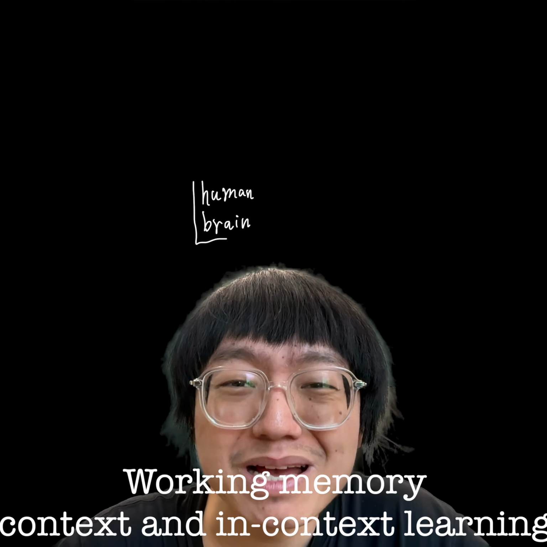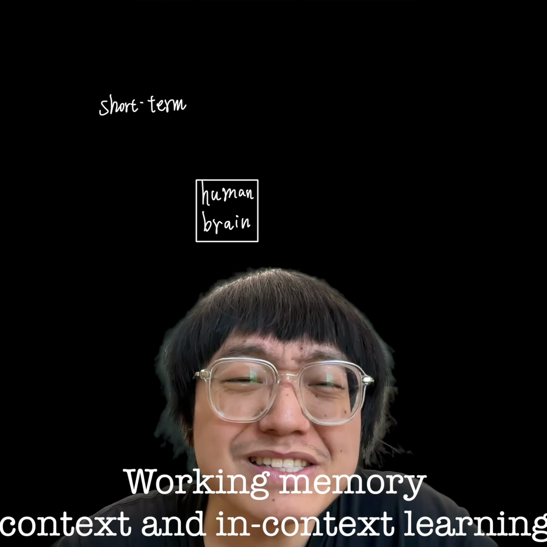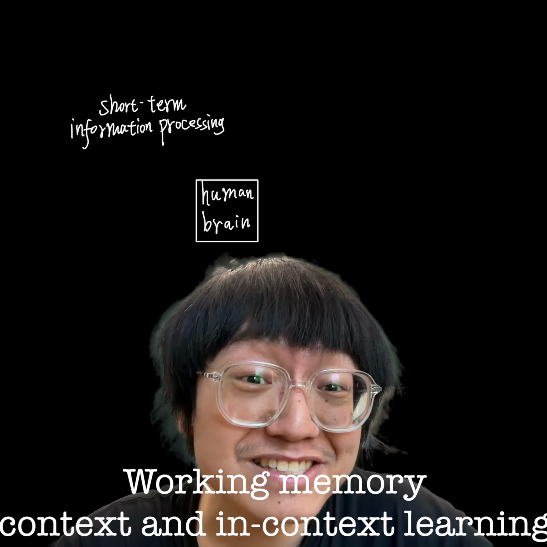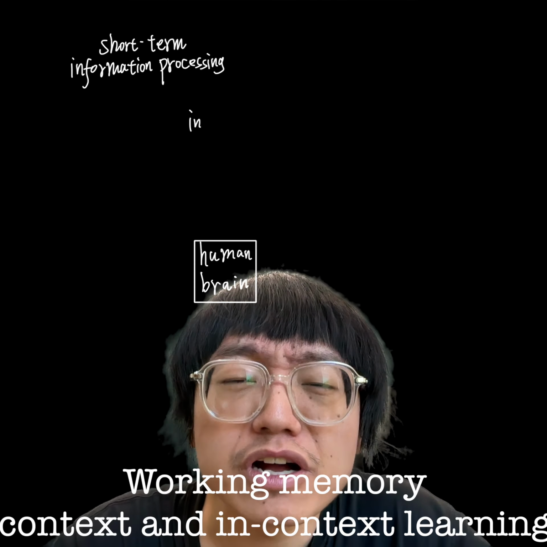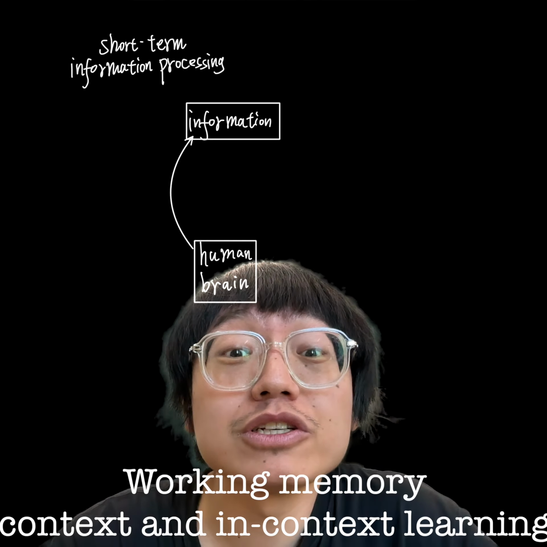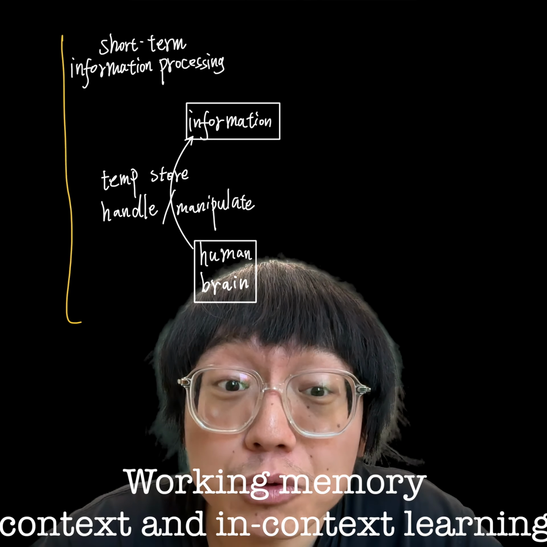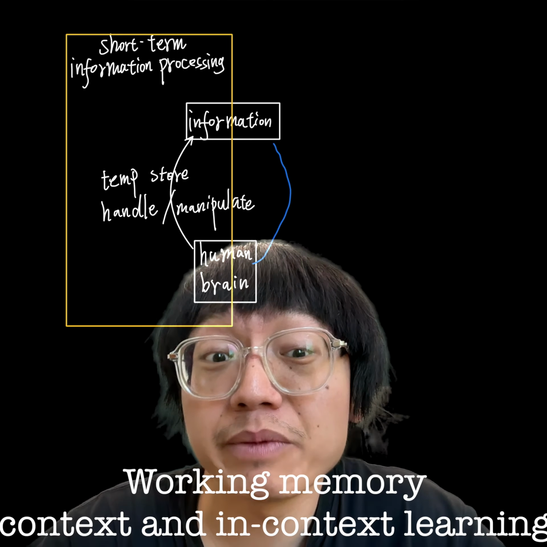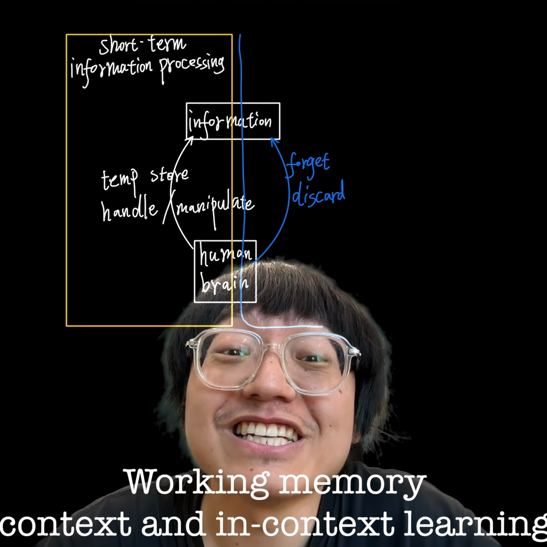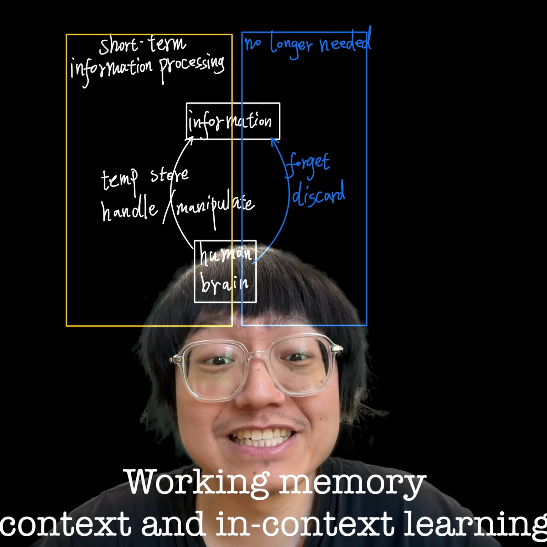This use of working memory is similar to how humans handle short-term information processing. For instance, if you are solving a math problem or holding on to a list of tasks mentally, your brain temporarily stores and manipulates that information and then discards it when it is no longer needed.